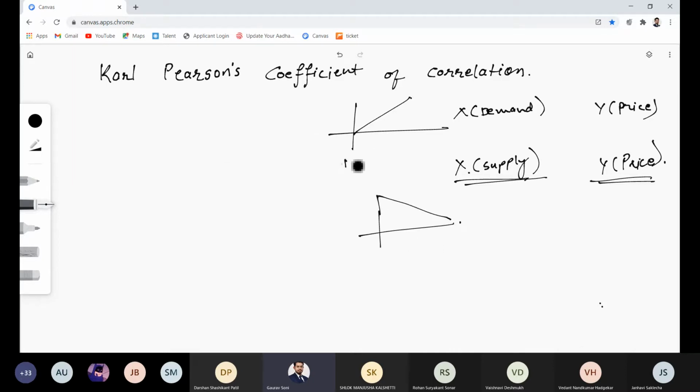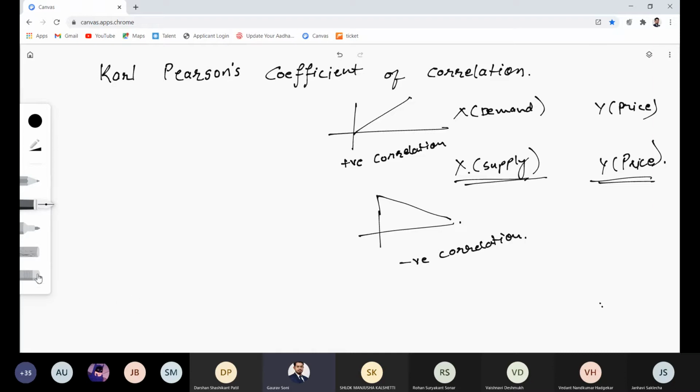So this is called positive correlation, positively related. And the other one, negative correlation. In some examples it is easy to relate. You can orally tell that yes, those are positively related or those are negatively related.